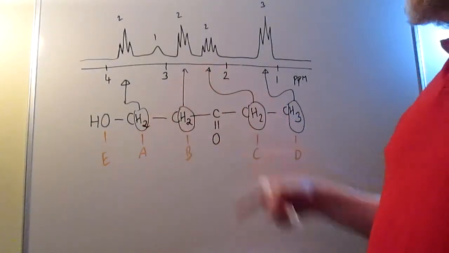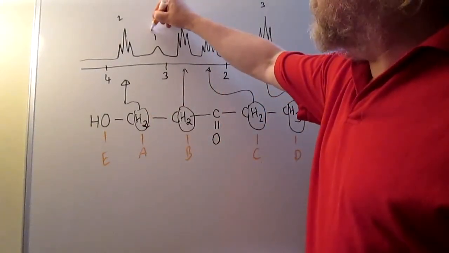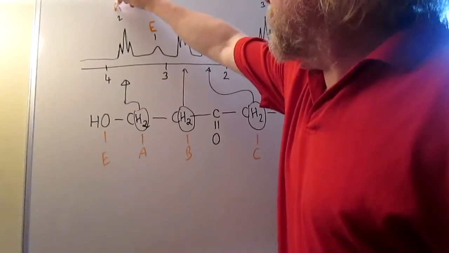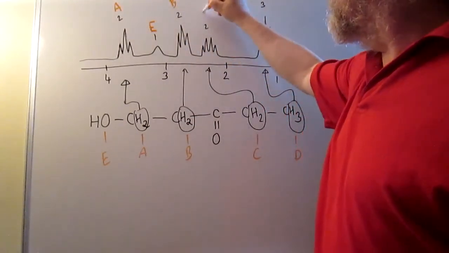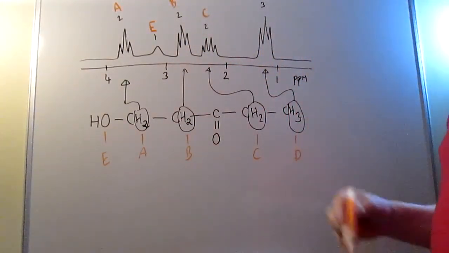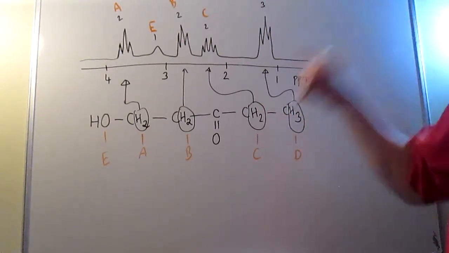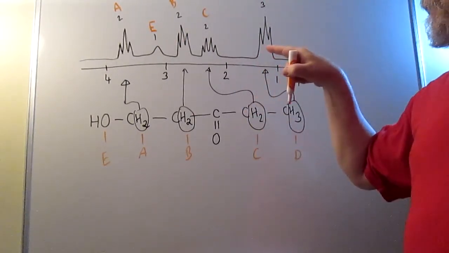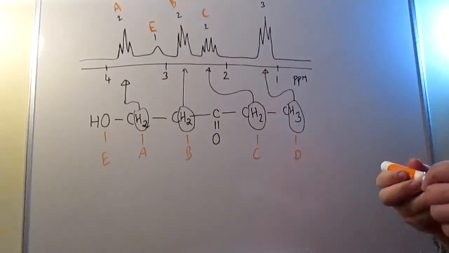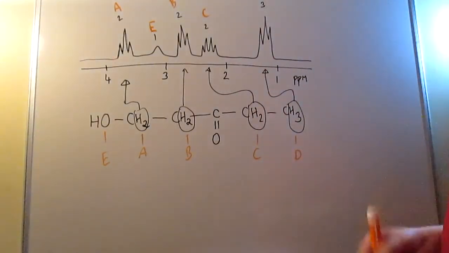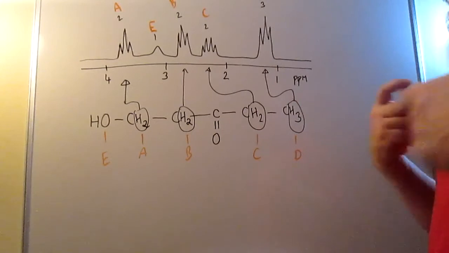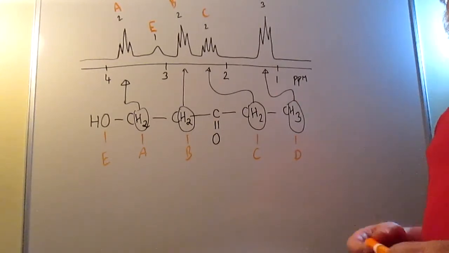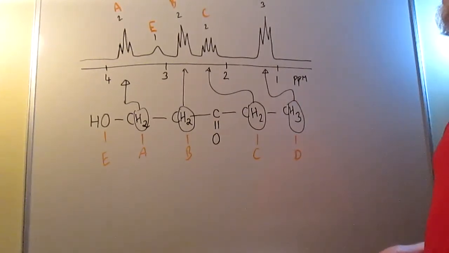And then you can just equate those to the peaks and say, right, this one is E, this one is A, this one is B, this one is C, this one is D, so that it's absolutely clear that you know which multiplet comes from which set of hydrogens in the structure, and then make sure you've explained the splittings and the areas and the chemical shifts for each one, and then you'll make sure you get the marks.